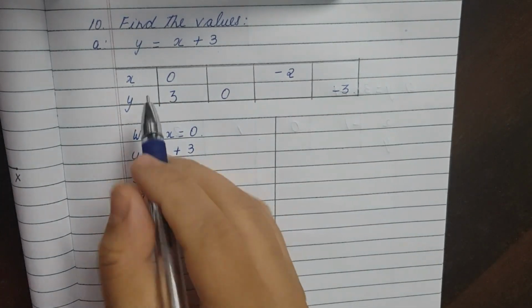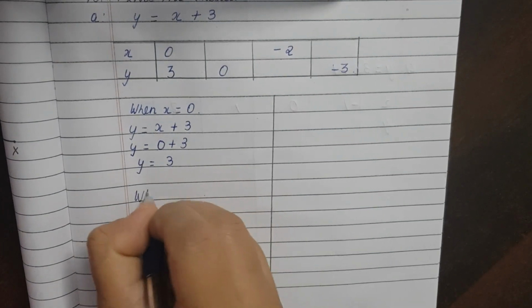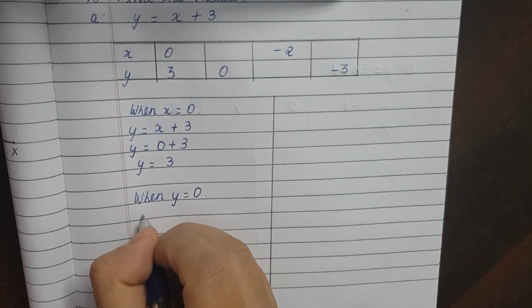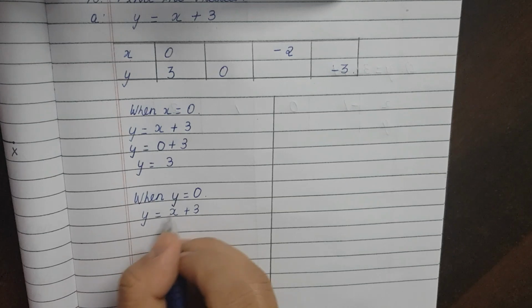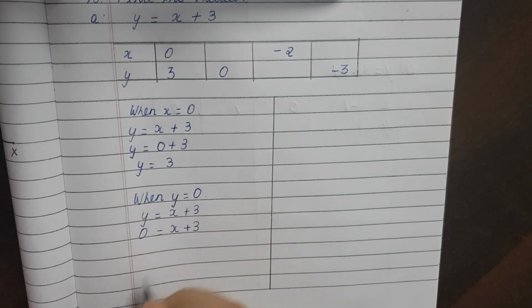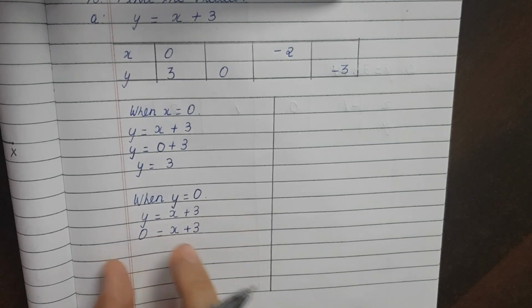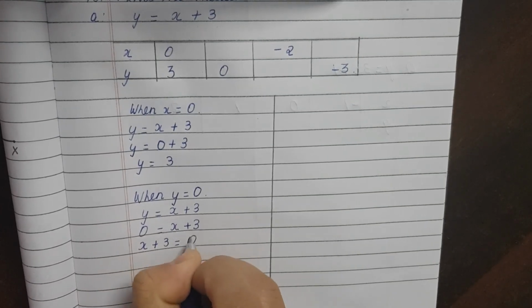Next, they have given y is equal to 0. So when y is equal to 0, the equation is y is equal to x plus 3. So we have to substitute 0 for y, and x plus 3. Now we have to find x, so let's interchange and write it. So x plus 3 is equal to 0.